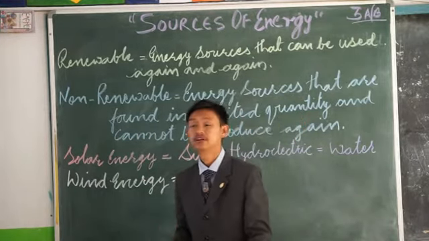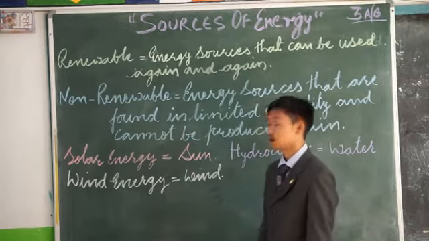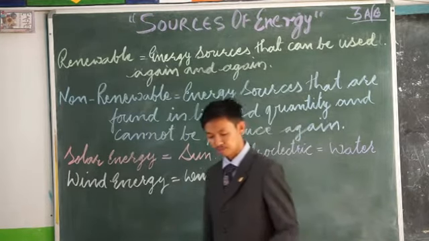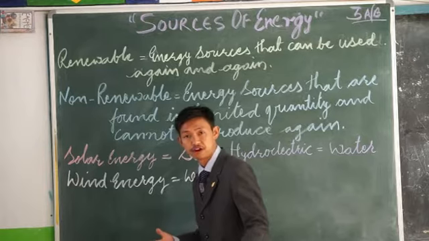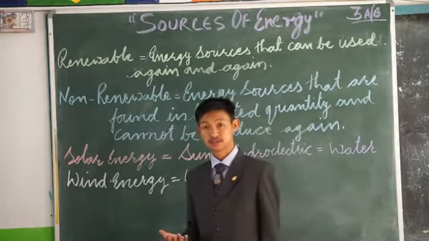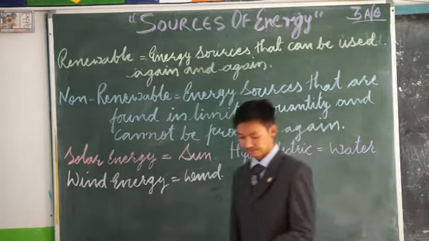What is moving air? Moving air is wind. So wind energy is obtained from the moving air, and it is used in large farm fields to run the windmills.